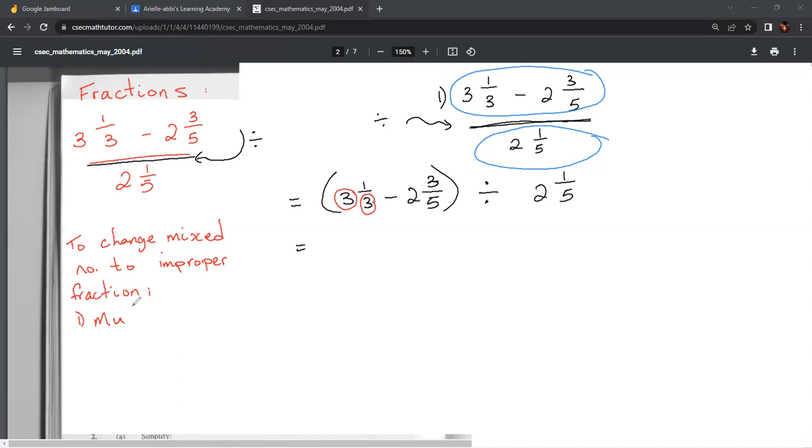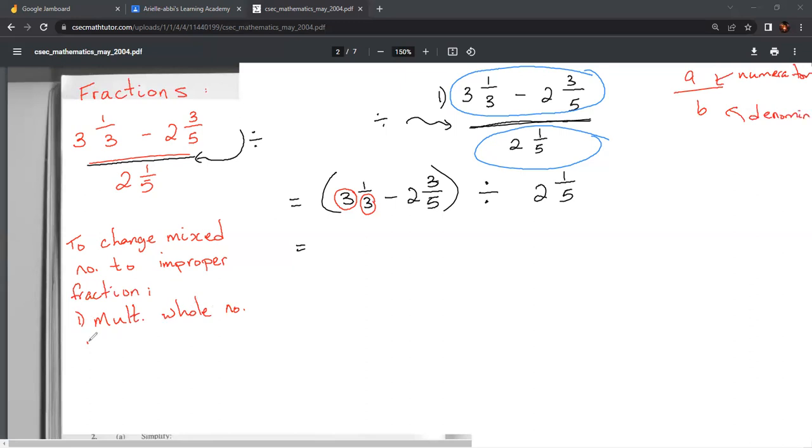Multiply the whole number. You don't have to write it unless you forgot it. Multiply the whole number by the denominator. Remember, the denominator is always below. So in a fraction, the number on top, that's your numerator, and the number below is your denominator.